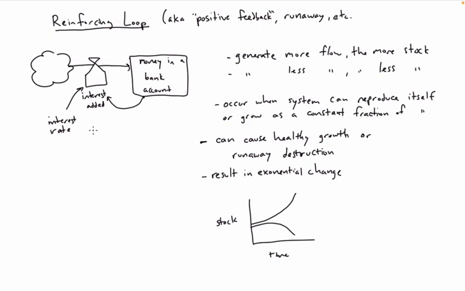So the reinforcing loop is the central engine of how the economies that are dominating the planetary economic system are working. More money makes more money. Okay.